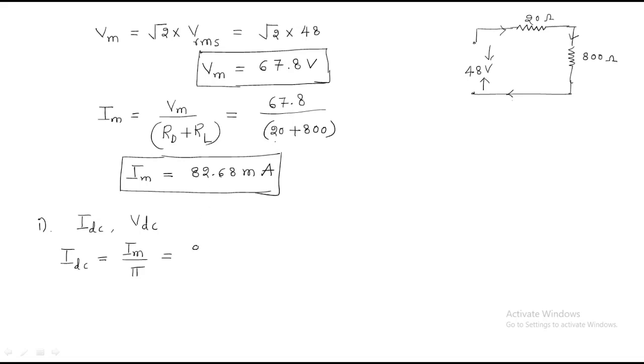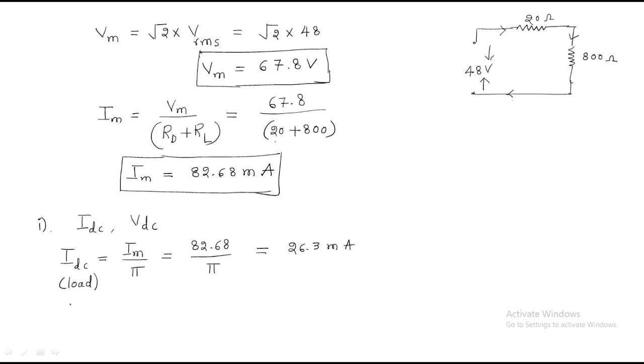We already found the maximum current is 82.68 milliamps, divided by pi. By simplifying we get 26.3 milliamps. This is for the load.